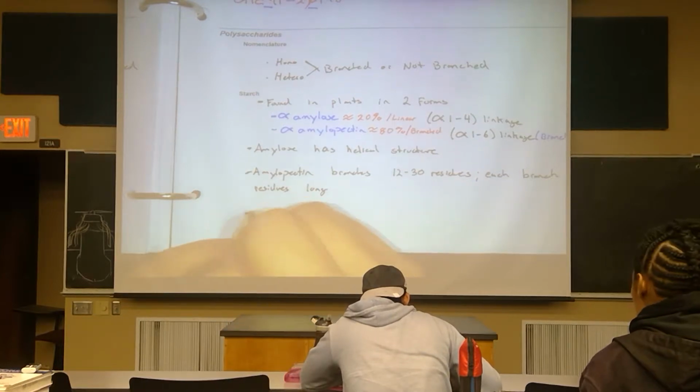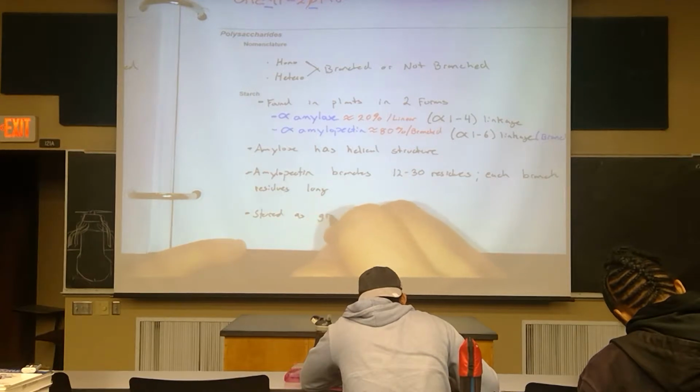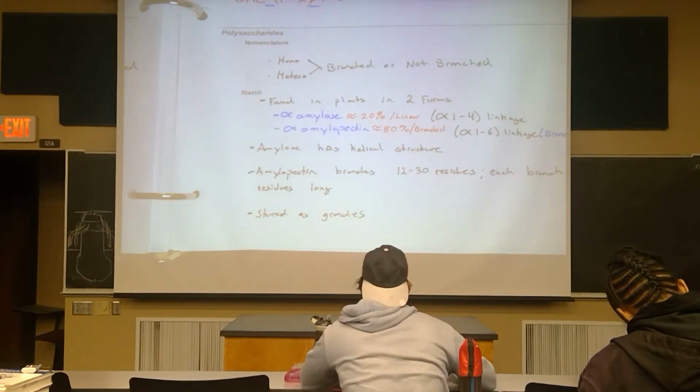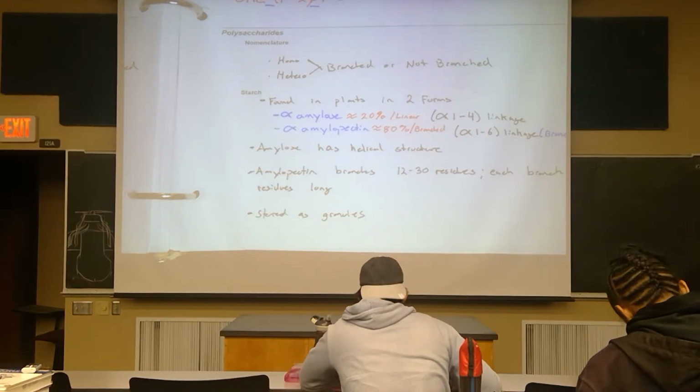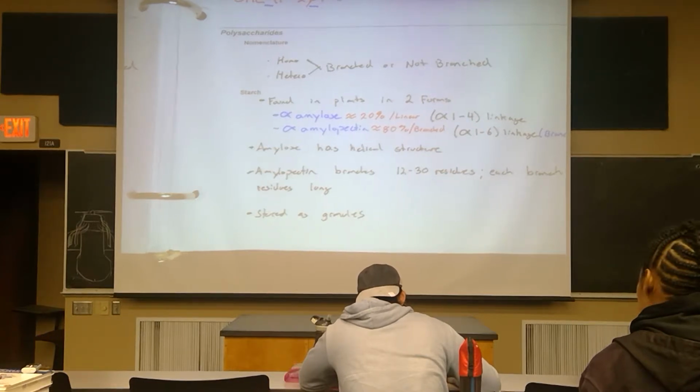Starch is stored as granules. We use these granules for cooking. It's a thickening agent. It is a nice plastic analog, a naturally occurring plastic analog.